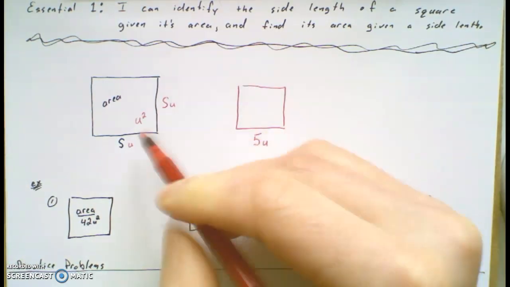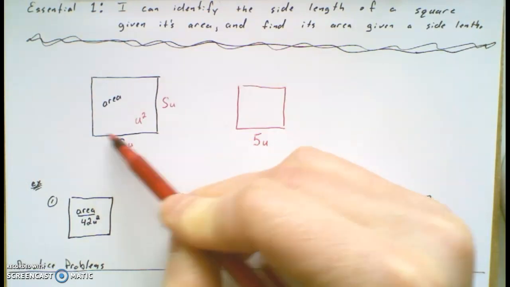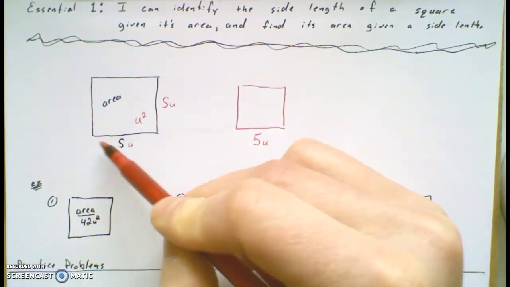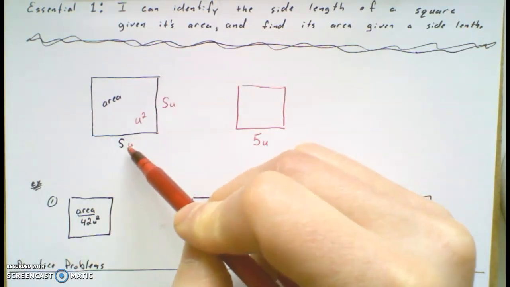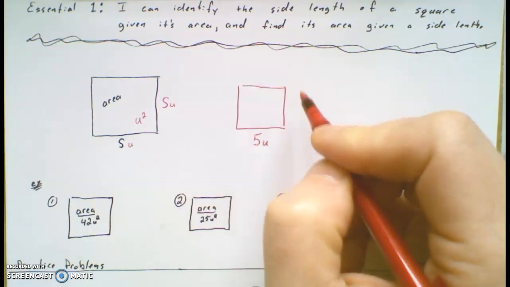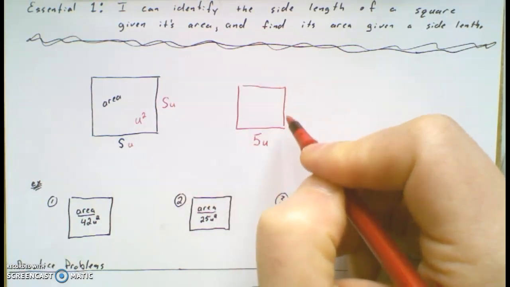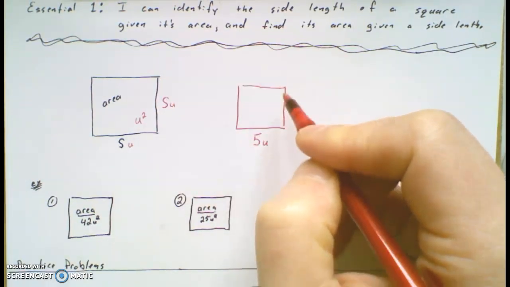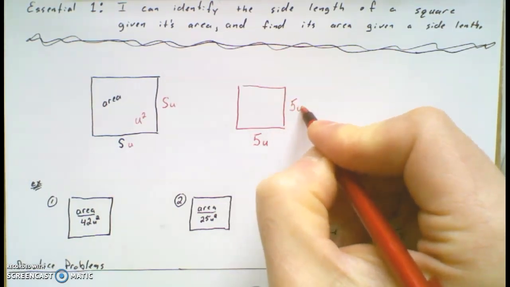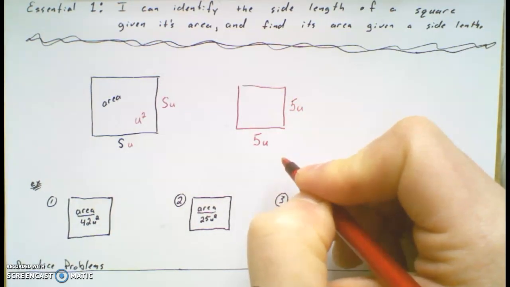Okay. And what this is telling us is that this side to side, or this length or whatever we want to call it, is 5 units. Since it's a square, we know the up and down, or the width or whatever we want to call it, has to be the same measurement. That's how squares work. So we know this one is also 5 units. Okay.